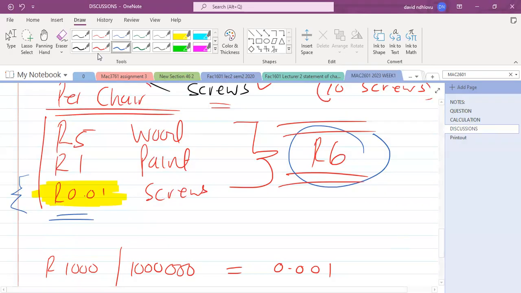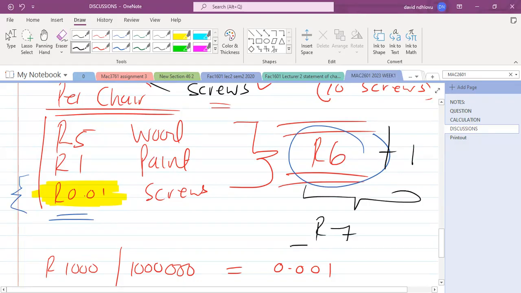So what we normally do is say, let's add the screws at 1 rand so that we've got 7 rand. Now it might not be accurate, but we avoid not including the cost of the screws. Otherwise, overall, we might end up determining a selling price that does not cover all the costs. You understand it?